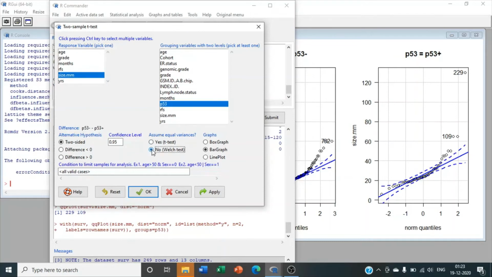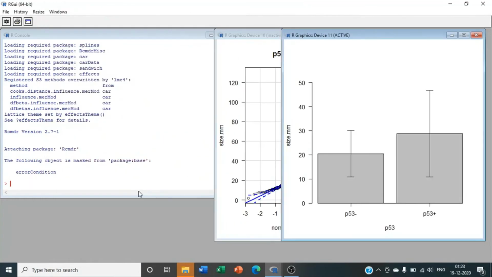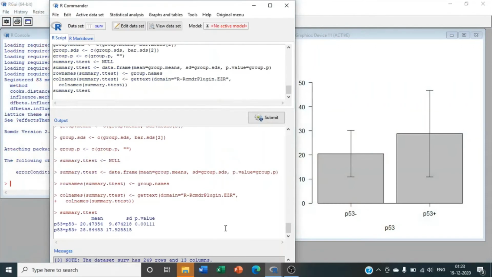We do not assume equal variances, and we could have clicked OK, got a graph of the differences, and we go to the main output window. It shows a statistically significant value, but as we saw, since the assumption of a Gaussian distribution was violated, possibly this is not an appropriate test.